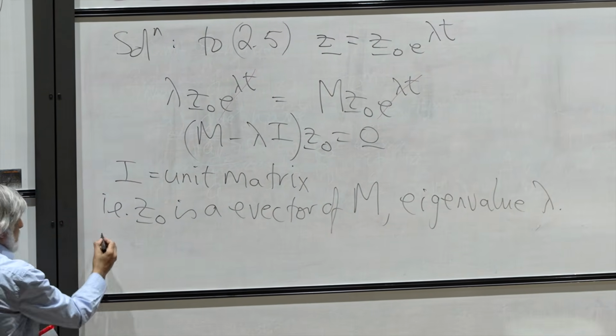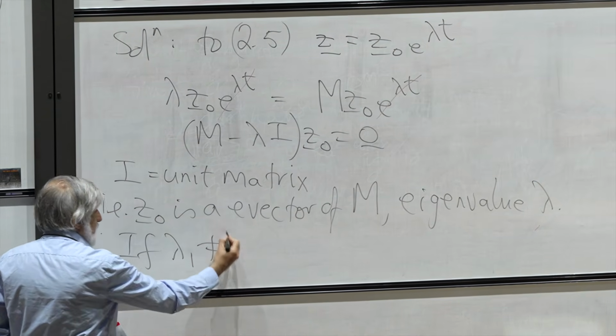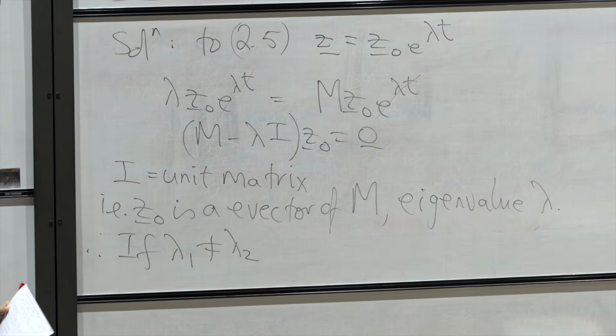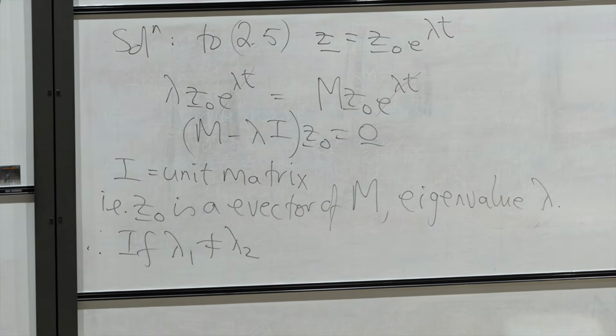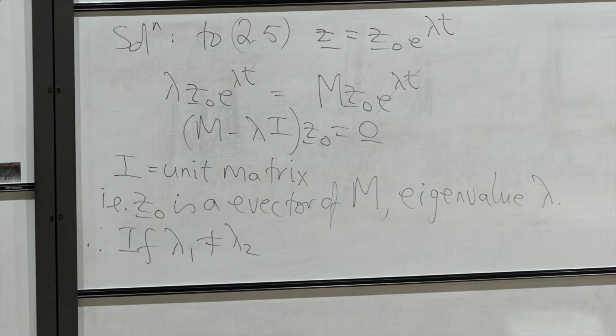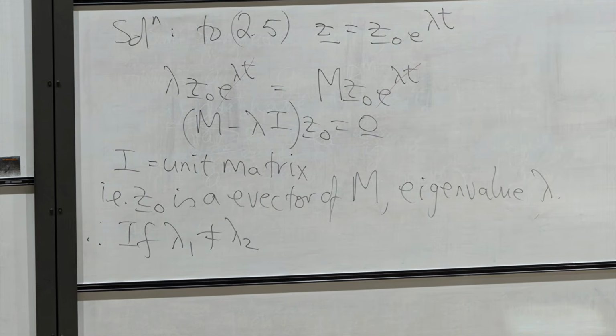And so therefore, if lambda 1 does not equal lambda 2, so we should say that this is a second order matrix, so obviously there'll be two eigenvalues and two eigenvectors.